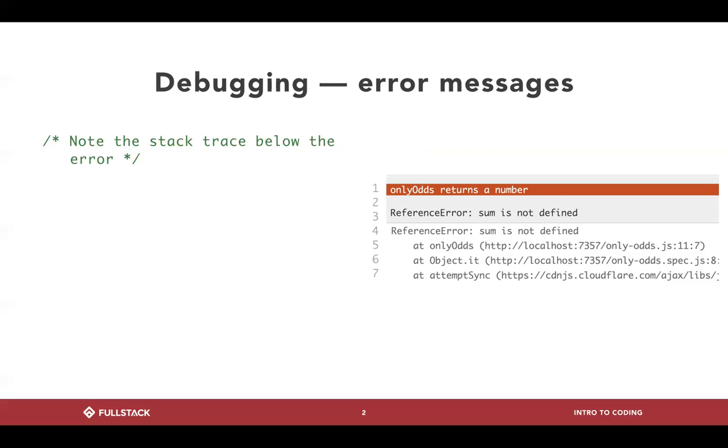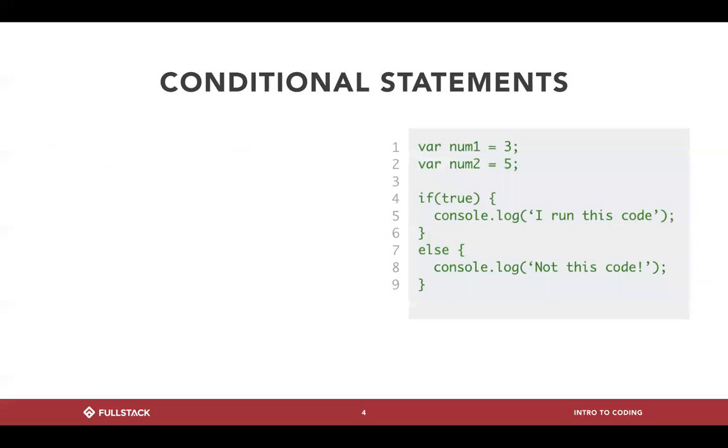Okay, moving on to conditional statements. Conditional statements control what's called the logic flow in our program. Logic, in a lot of ways, is an ordered and thoughtful way of doing things one at a time.